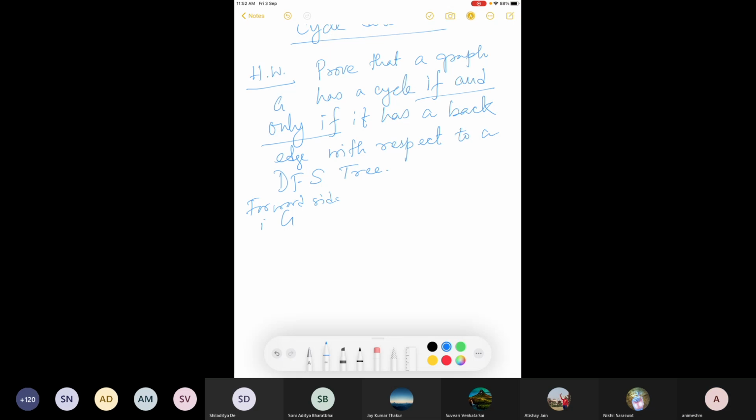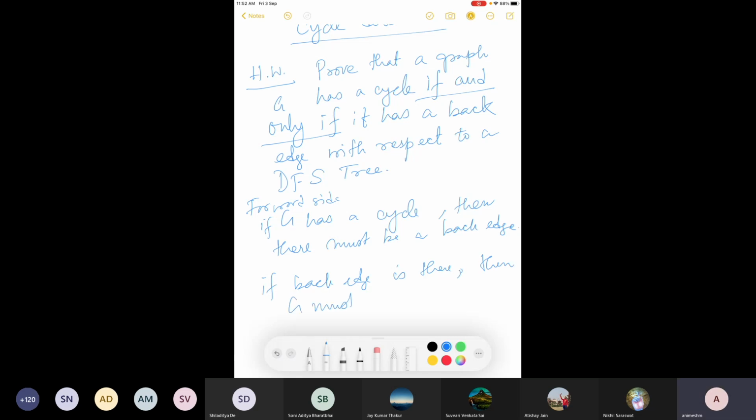if G has a cycle, then there must be a back edge. If a back edge is there, then G must have a cycle.